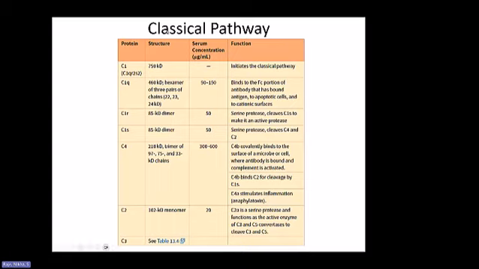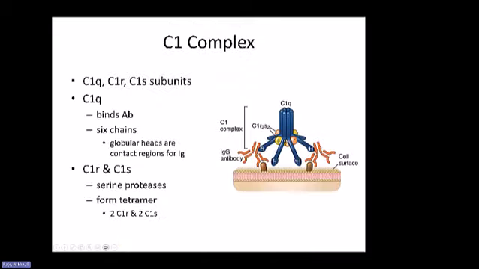C1 is a complex of two molecules of C1r, two molecules of C1s, and C1q. C1q binds to the Fc portion of the antibodies, and pretty much C1 is the one that activates the classical pathway. The enzymatic activity is in the C1r and C1s parts that help to cleave some of these proteins.